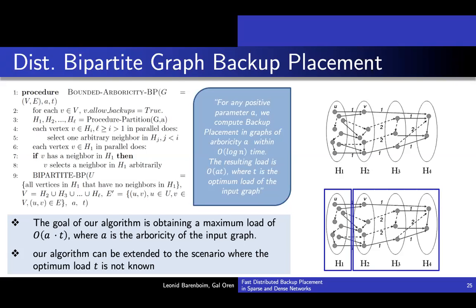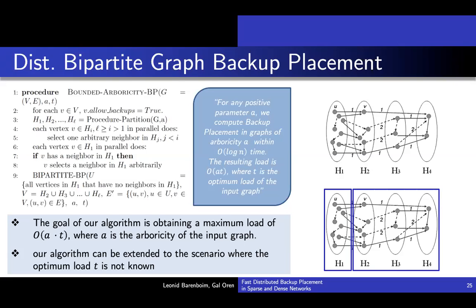Since the number of neighbors in sets of greater or equal index is bounded by 3A, a property of the algorithm, each vertex is selected by at most 3A neighbors in this stage. It remains to select placements for vertices in H1.